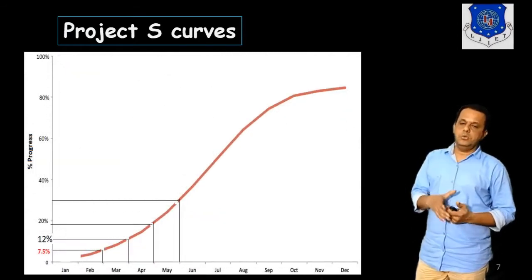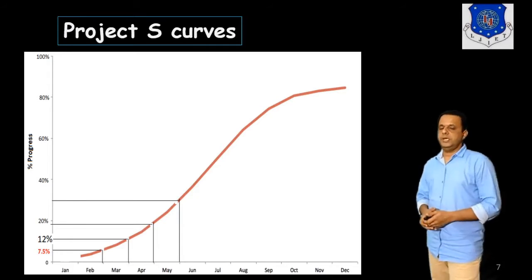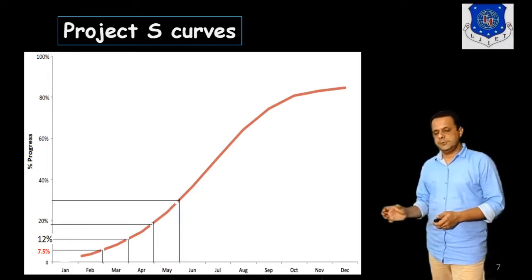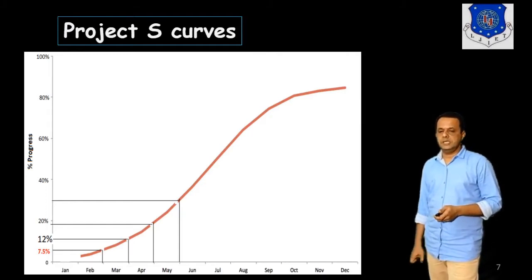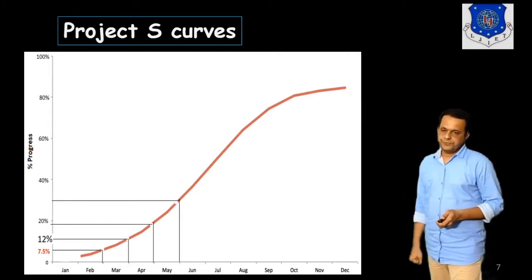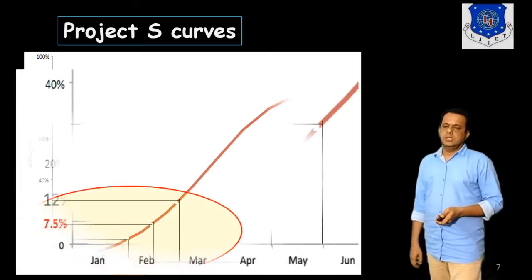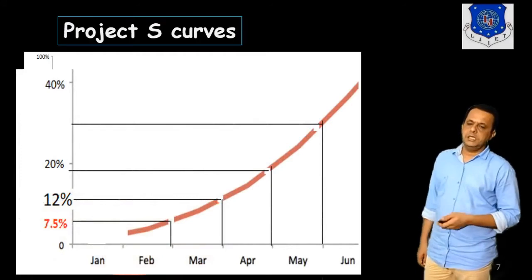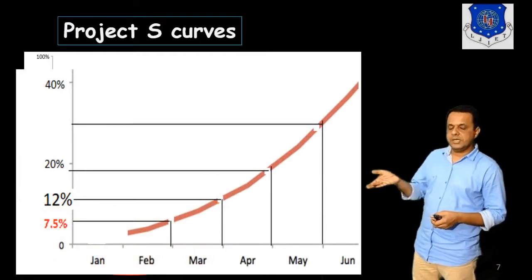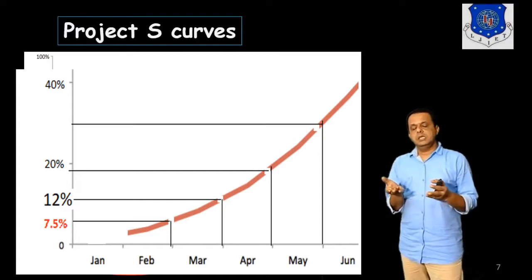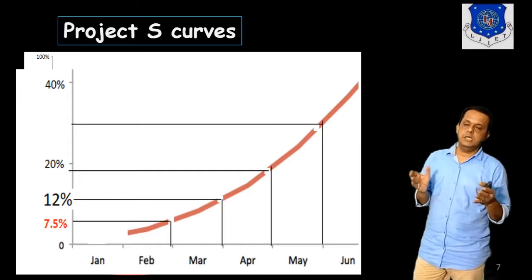Here I am showing you one graph where you see January to December plotted out, and some specific behavior you can observe in terms of percentage progress. So let us focus on this part, the rounded one. I magnified it. Here you see initially the work is being distributed over the duration of January, February, March, April.